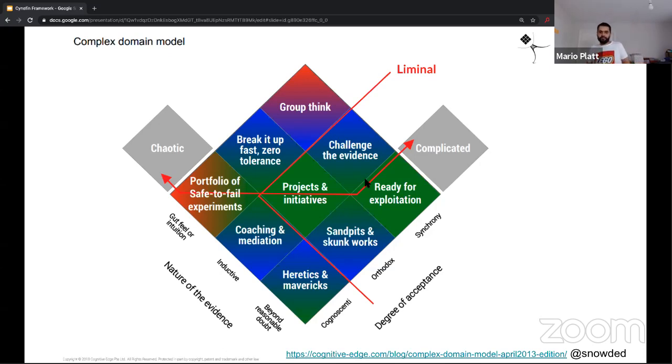And now, a bit of controversy. So we've got two ways to deal with that, right? If we see that happen, we need to break it fast. And that may mean that the best thing for your organization, again, remember that Cynefin framework is to be seen from the point of view of the decision maker.